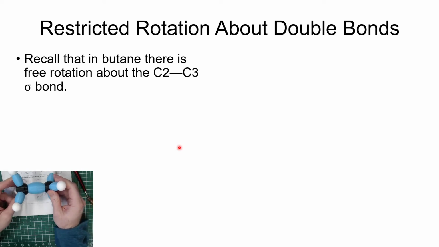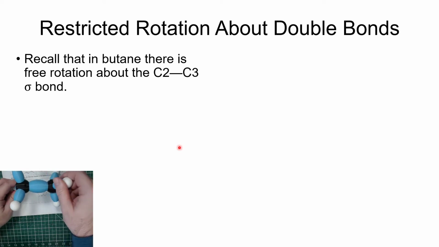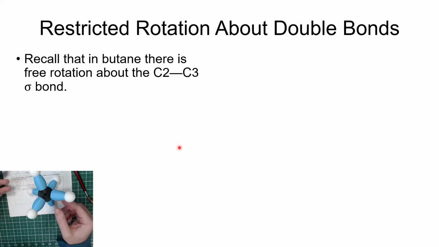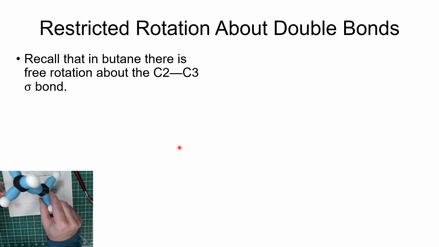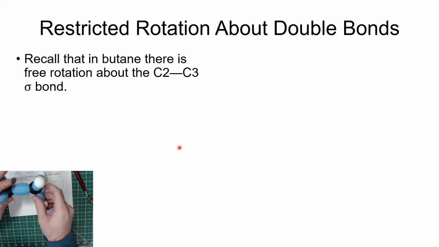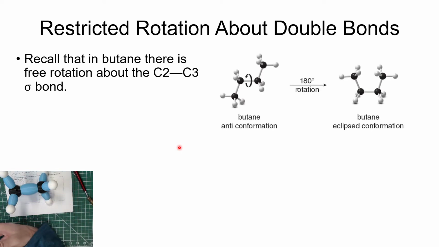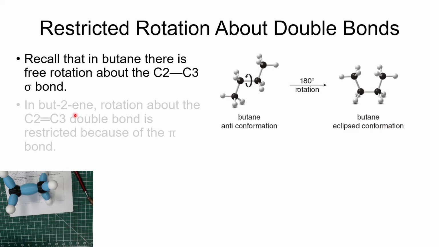And so as a consequence, if we've got two substituents that are on these carbons, we could look down the carbon-carbon bond and determine the dihedral angle and things like that, and we can rotate about it. So alkanes have different conformations. For butane, they can have the anti-conformation and the eclipsed conformation.